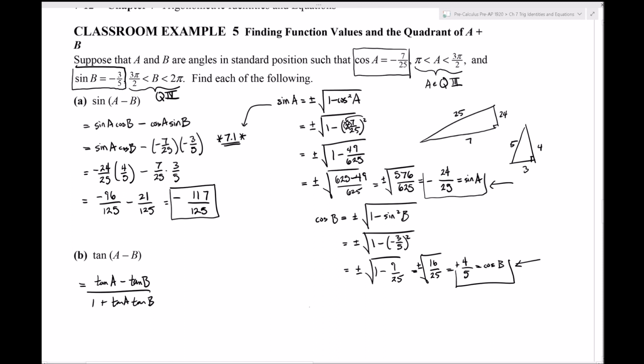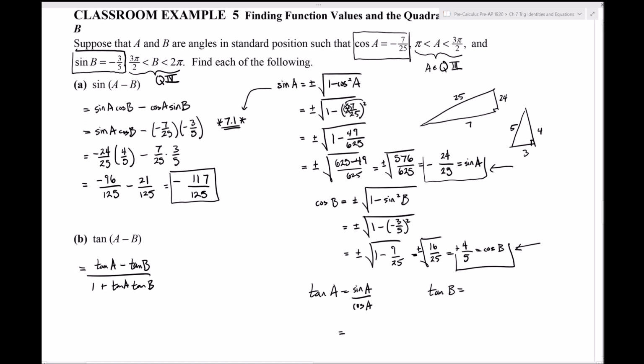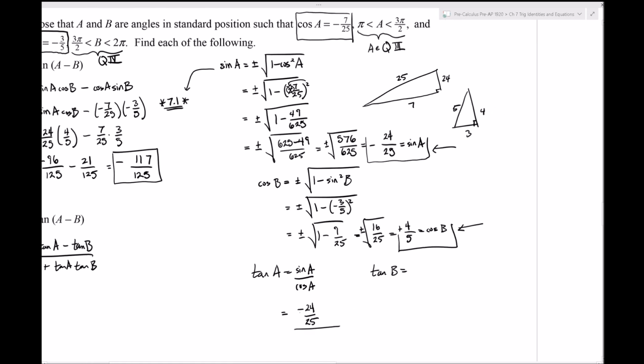So on the side, tangent A and also tangent B. Tangent A is sine A over cosine A. I have both of those quantities. Sine A we found negative 24 over 25. That one I had to do using the Pythagorean identity. That's divided by cosine A, which was given, negative 7 over 25.